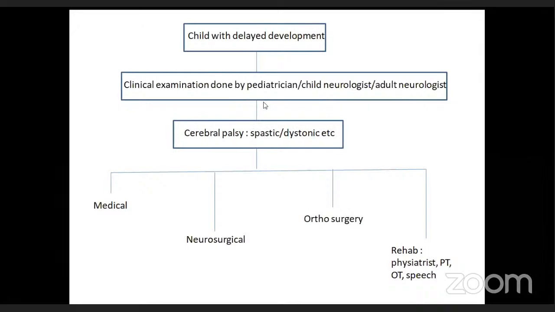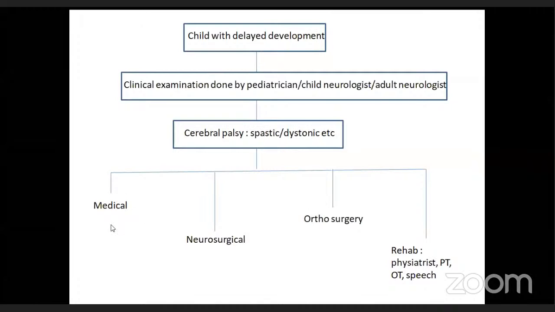You have confirmed it is cerebral palsy with an MRI brain also, and clinically you are saying, okay, it looks like a spastic or a dystonic cerebral palsy or ataxic one. So the one major arm is medical, in which you have treatment of spasticity. Then you have other comorbid conditions which are to be treated along with this by you or the primary physician.